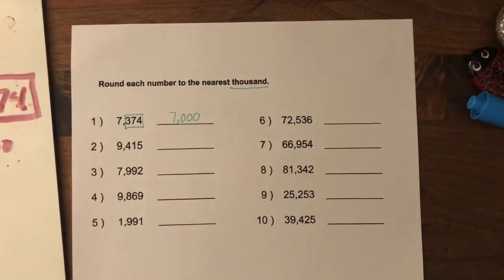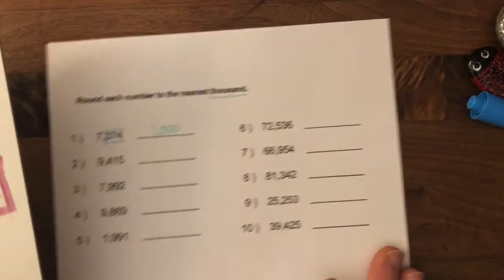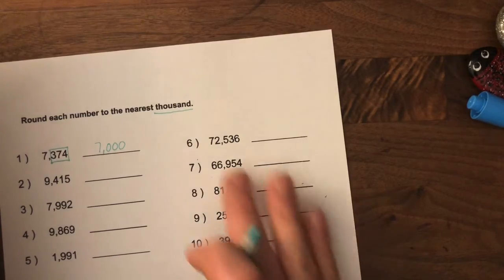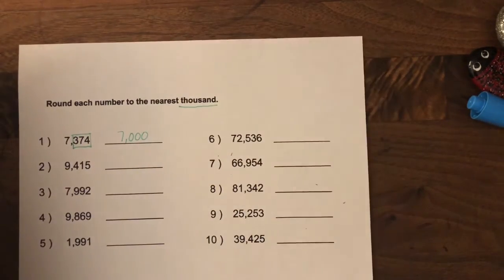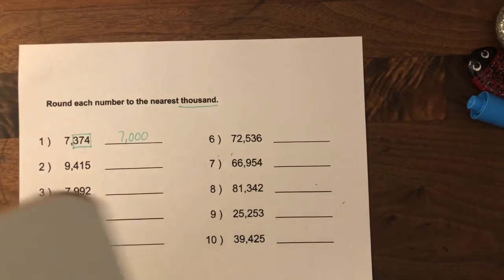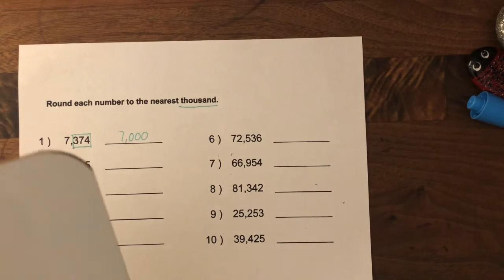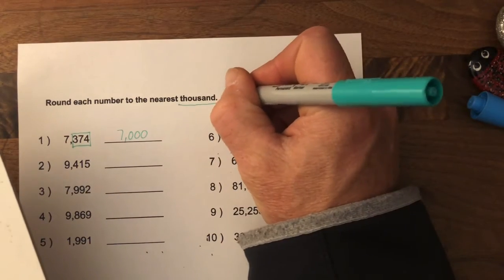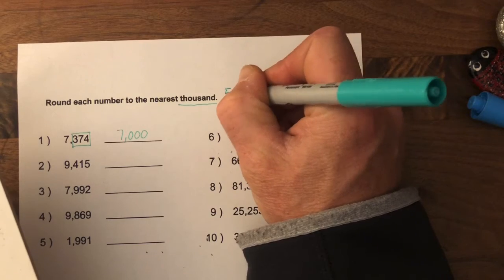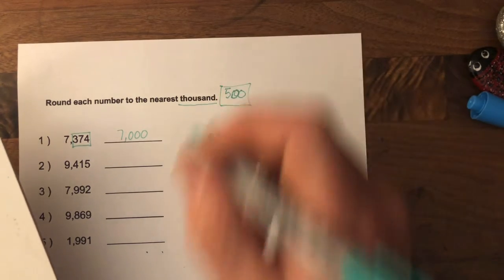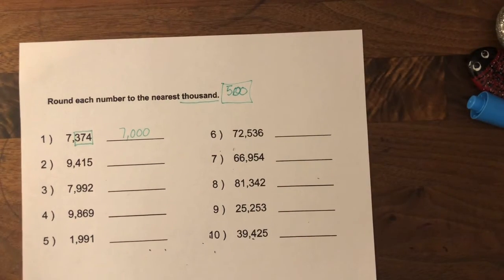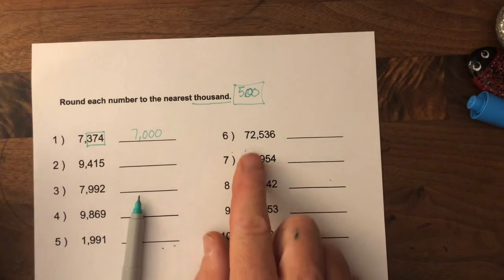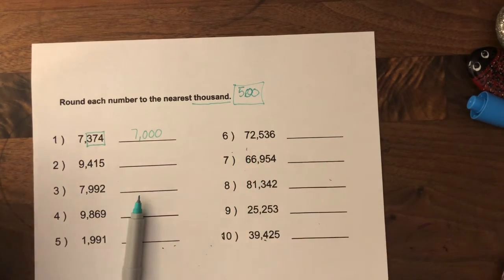Now we're going to do number 6. Check this one out. This one goes out to the 10,000s place, but I'm not going to let that scare me, okay? What I'm going to do is do the same thing. Thinking to myself, nearest thousands, midway point is 500. So I got 72,536.